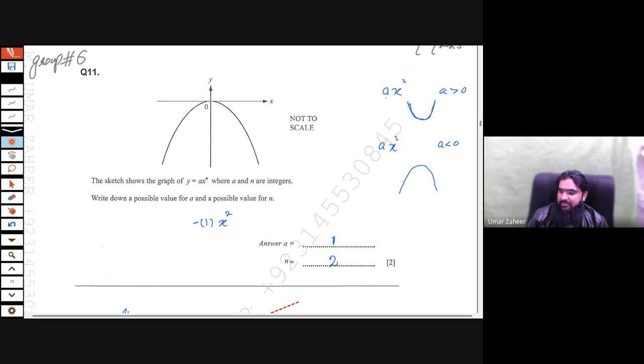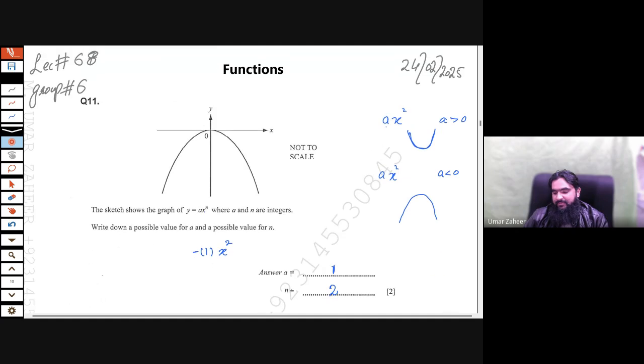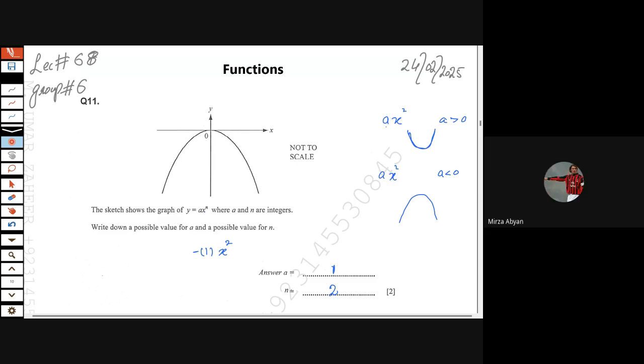Yes, it is clear. The parabola shows that this is the graph of x squared. That's why it is 2. It is upside down. This means that the coefficient of x squared must be negative. Okay, Inshallah, we will do it in detail when we have done the rough sketching. Yes, any question up to here? No, sir.